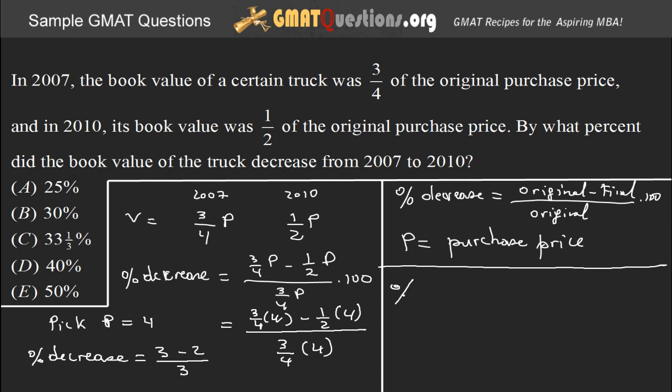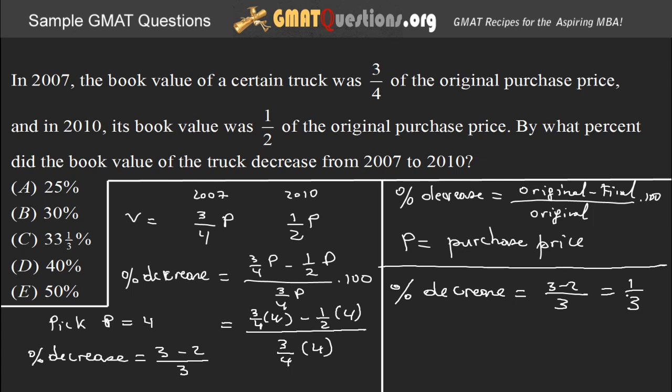So percentage decrease, again, let me write it down so it's clear, is going to be equal to 3 minus 2 over 3, which is equal to 1/3. Now, 1/3 here is a fraction. I didn't put the 100 here. As you see, I removed the 100. I just didn't have much place here. So I don't have to worry about the 100 until the end. And anyway, we do know what 1/3 is in terms of percentage.